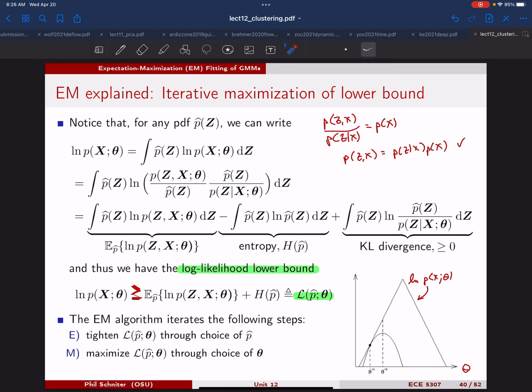But we're going to do this with bound optimization. This quadratic is clearly a lower bound on the likelihood, right? It is always lower than or equal to the likelihood, and in fact, at exactly one point, it equals the likelihood.